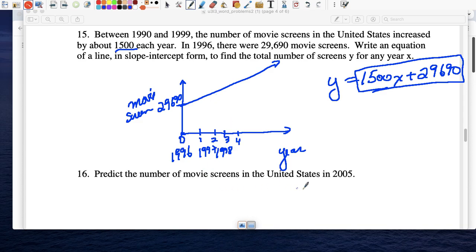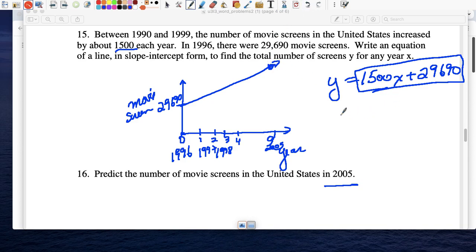So they want to know how many screens there were in 2005. Well, in 2005, how many years would that be after I started recording? We subtract 2005 and 1996, and we get 9 years. So 9 years later, right here, how many movie screens were there?